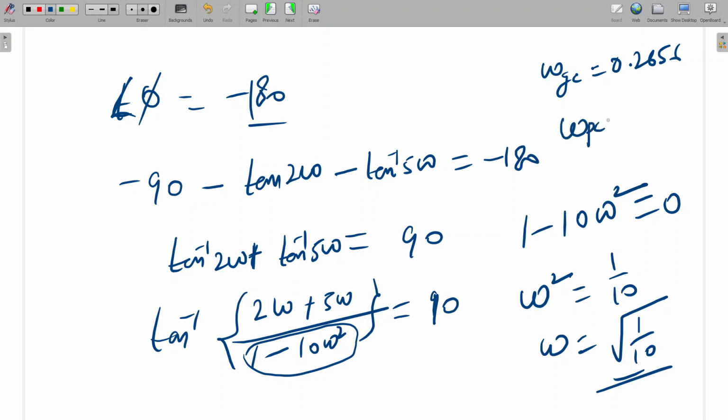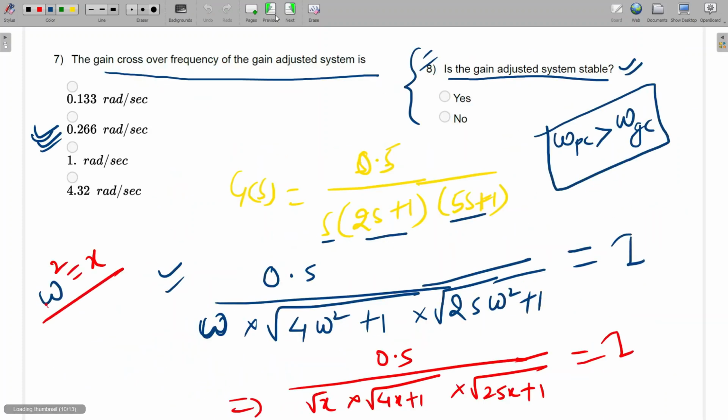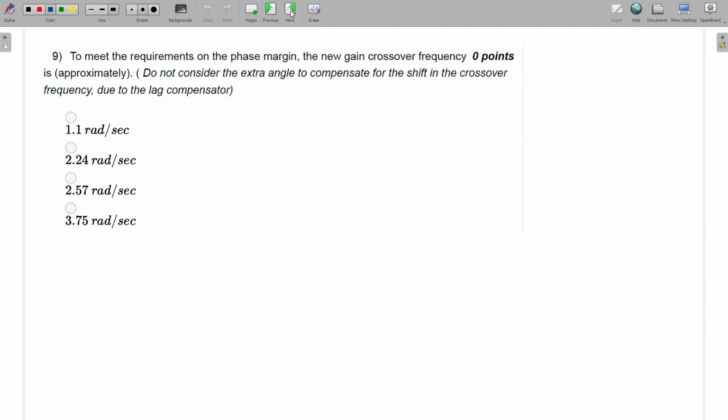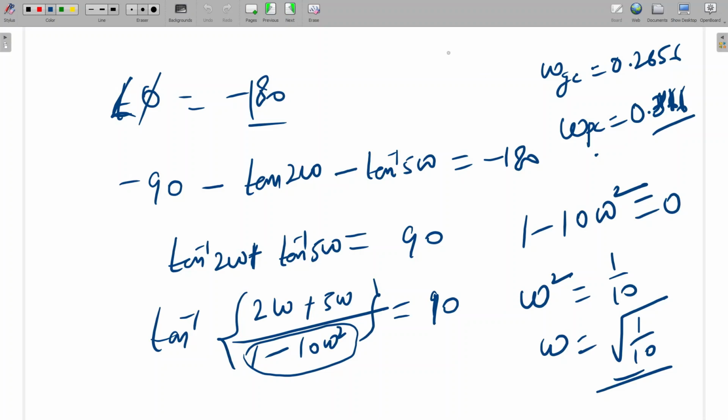So omega PC we are getting 0.316. Correct? So that condition is following here: omega PC is greater than omega GC. So the system is stable.